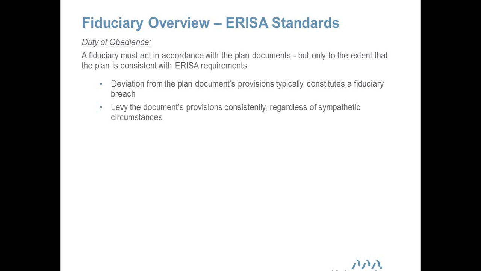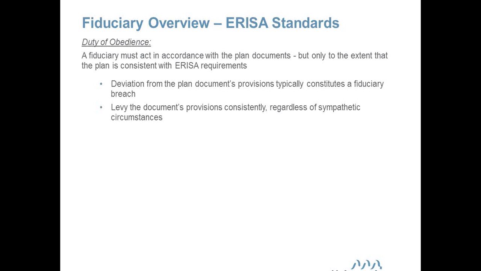The reason this is so important is that deviation from the plan document provisions would typically constitute a fiduciary breach. One of the things that often trips up plan sponsors is that you want to administer the document consistently, regardless of sympathetic circumstances. So if you have, for example, hardship provisions in your plan document and you use the safe harbor definition, those are the only things that would constitute a hardship.